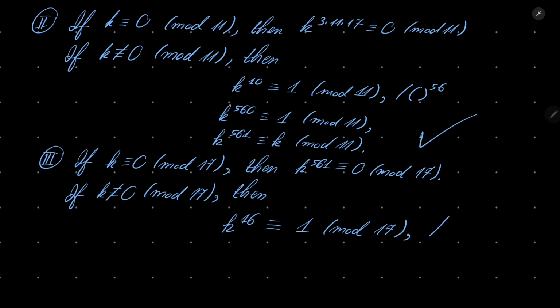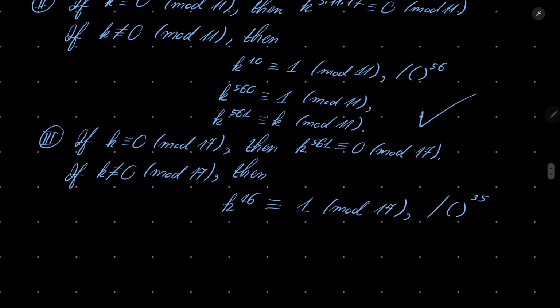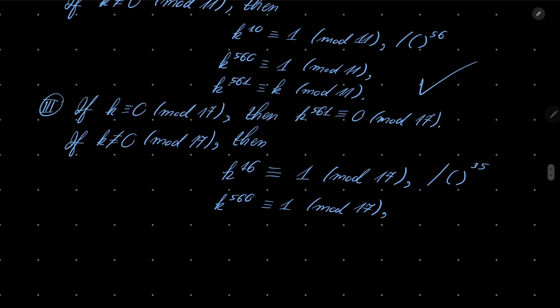And now I will raise both sides to the power 35, because 16 times 35 happens to be 560. And now I will simply multiply both sides by k. And in every case we see that it holds.